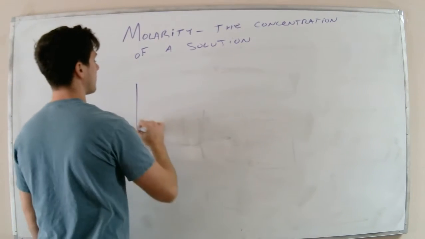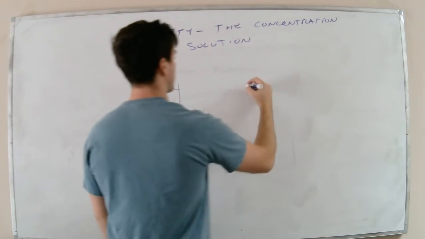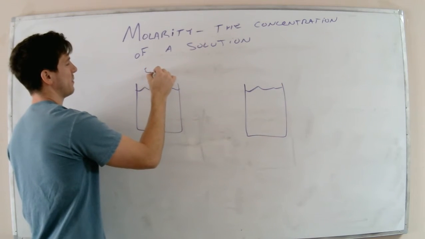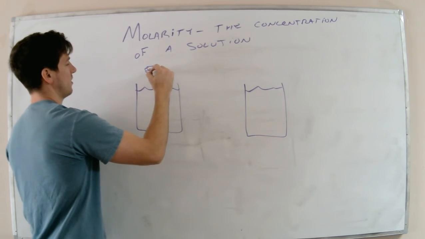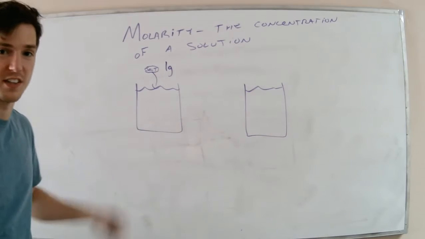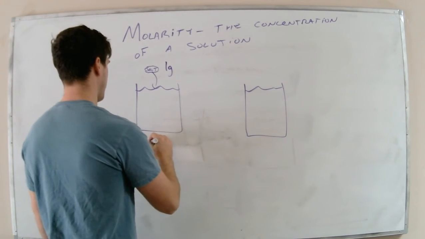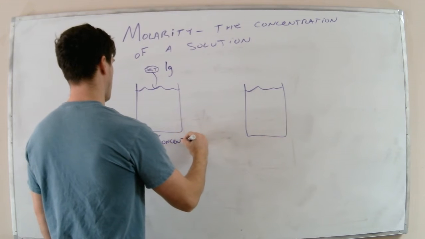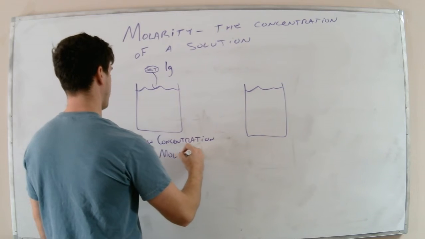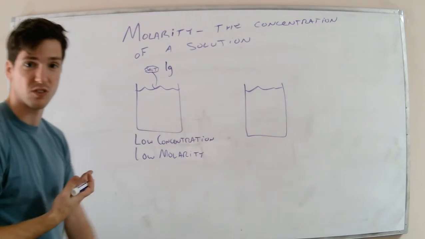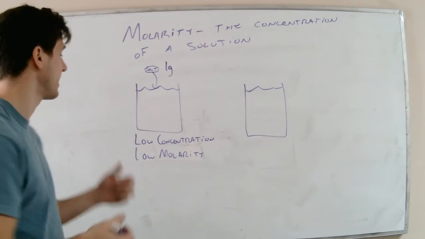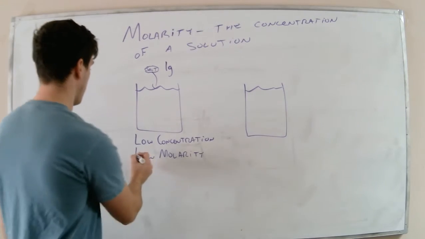So if I have two beakers here, and I just put a tiny little bit of salt into this water. Let's say that I just put 1 gram of salt into that water. This will have a low concentration or a low molarity. There's not a whole lot of salt in that beaker, okay? If you drink it, you might taste a little bit of salt. It's got a low concentration or a low molarity.